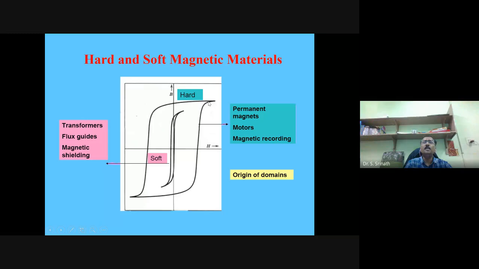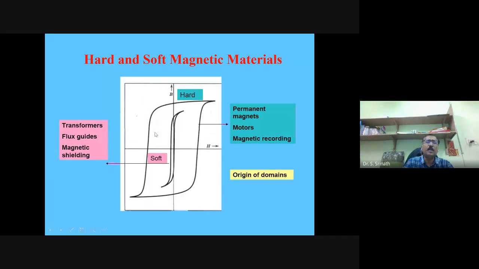So this material is hard in the sense that it requires more energy or more field to magnetize or switch the magnetization. This is called a hard magnetic material, and both have completely contrasting applications. Both are very, very useful.